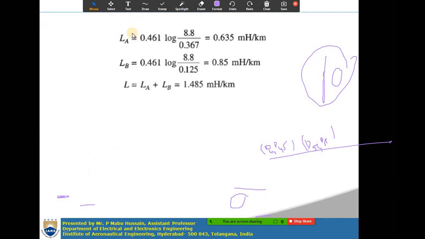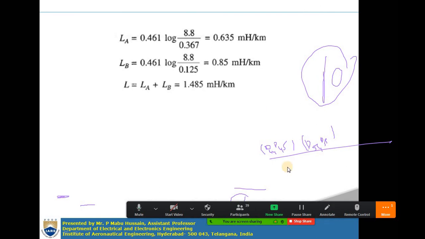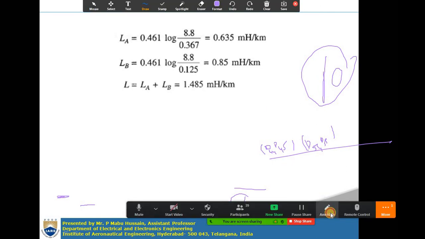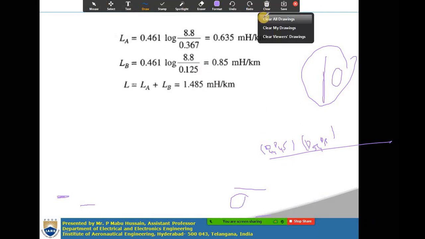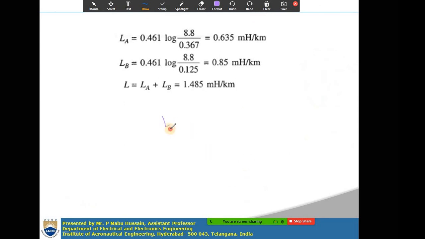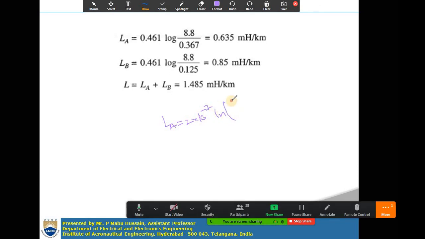So, inductance of conductor A in terms of logarithmic term is 0.461 log 8.8. So, LA is equal to, you can use the ln term also, 2 into 10 power minus 7 ln DM by DSA.